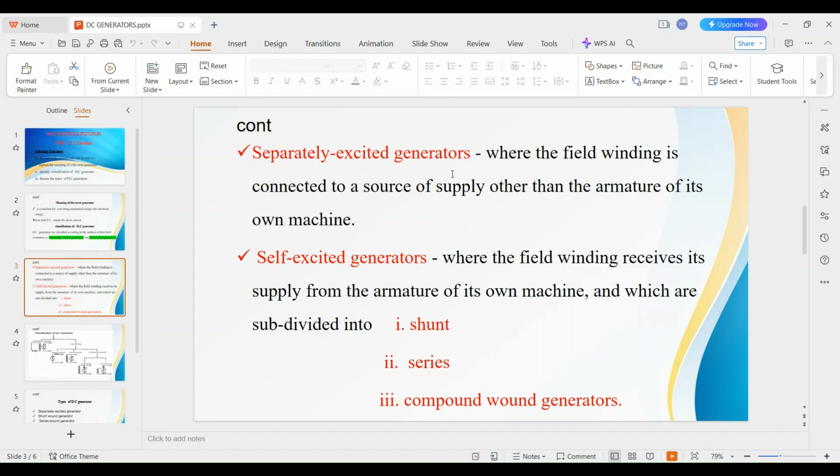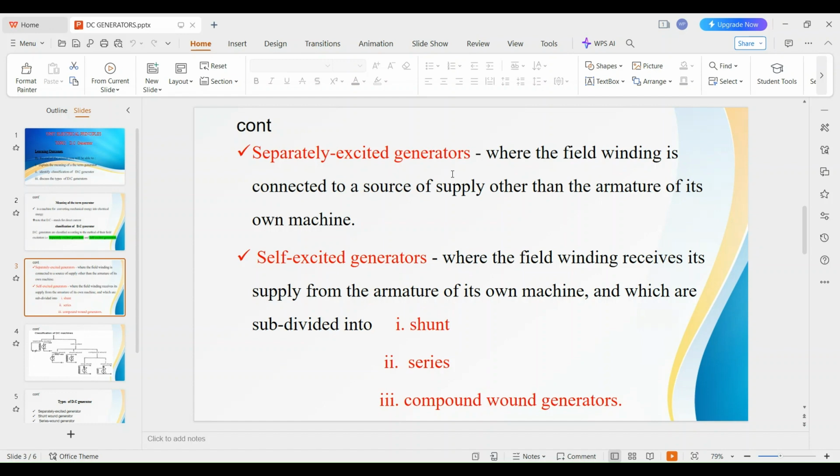And the second class or group is self-excited generators. This is where the field winding receives its supply from the armature of its own machine, and they are divided into three.